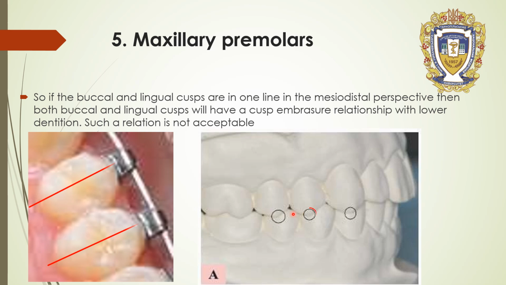The cusps of upper premolars are not fully at the embrasure, but a little bit on the surface of the lower antagonists.